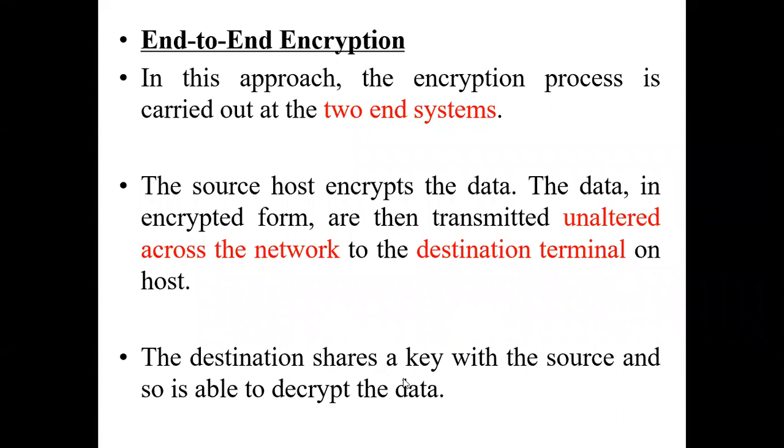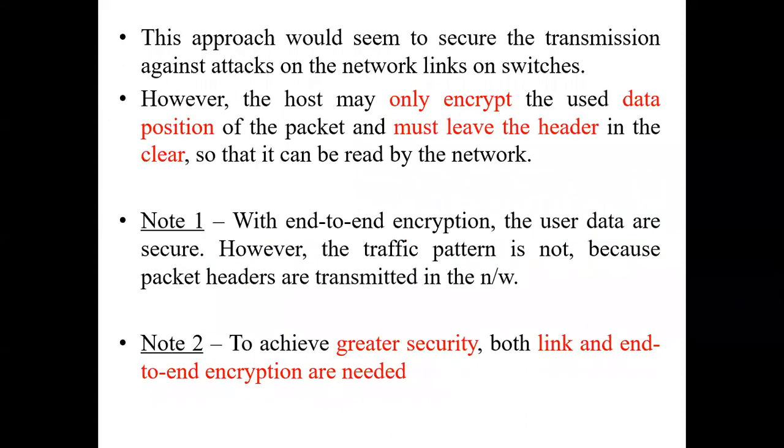The destination shares the key with the source, because if it is a symmetric encryption process, both the sender and receiver have to use the same key. So the transmission should be secure here to avoid attacks.